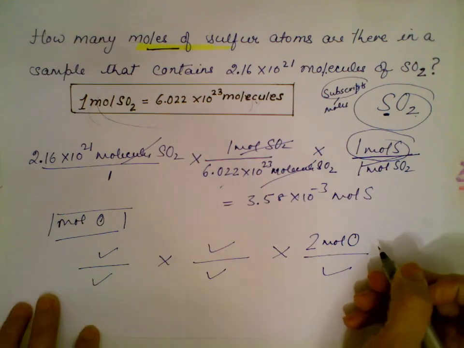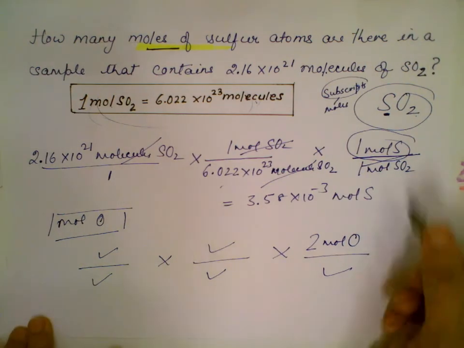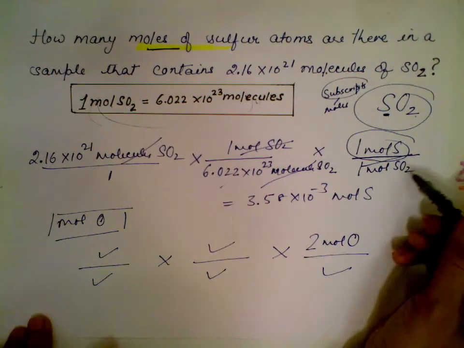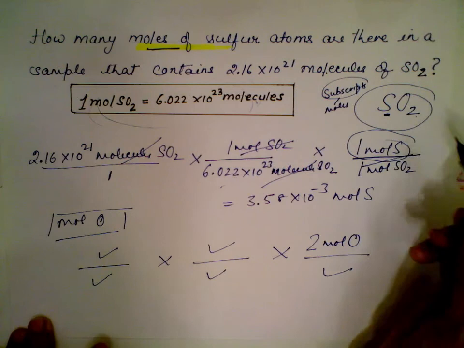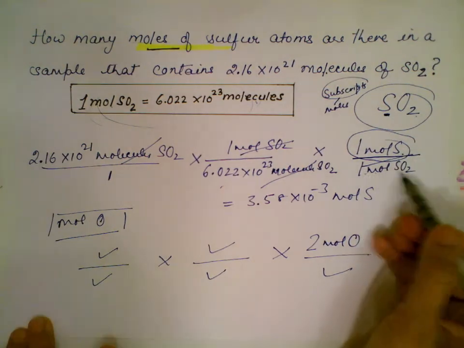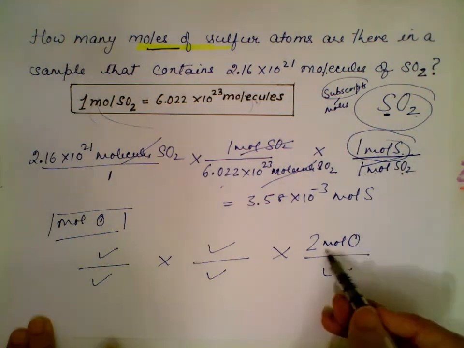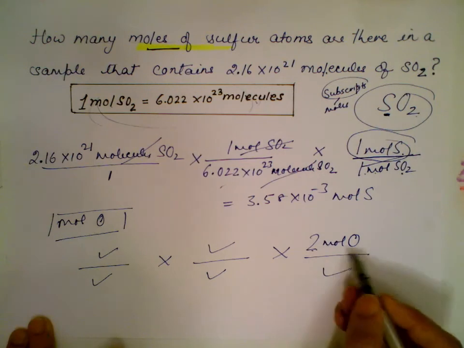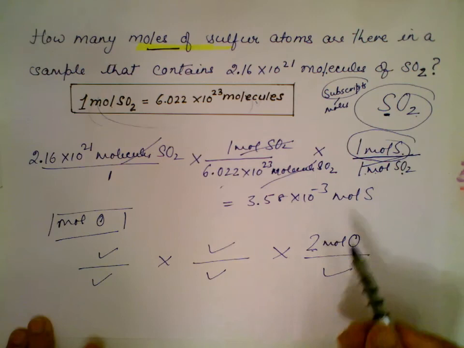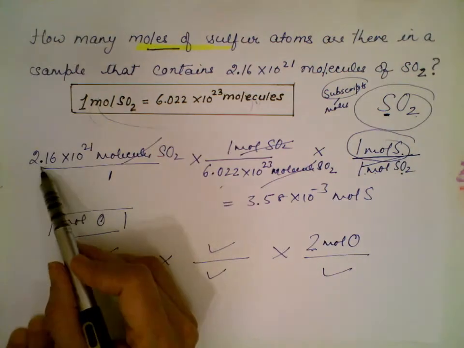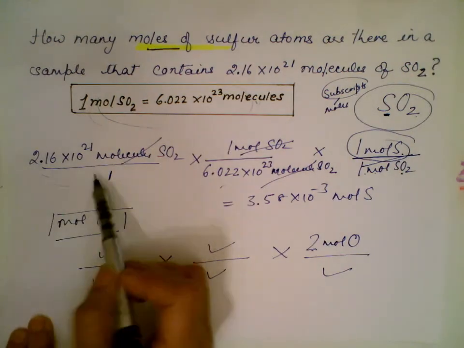So what's the difference here? The question asks how much sulfur is contributing. This much is the contribution of sulfur for 1 mole, and this is the contribution of oxygen in 1 mole of sulfur dioxide, and for each one you have to find how many there are in these many molecules of sulfur dioxide.